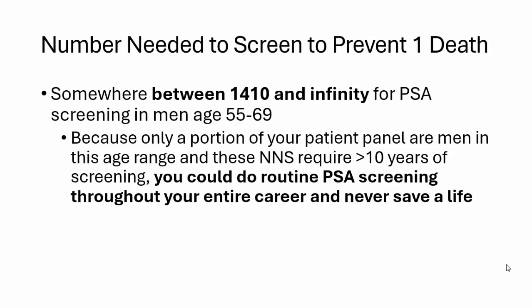Meaning this is on the scale of a number needed to screen where you could routinely screen all your patients with PSA and potentially not prevent a prostate cancer death over your entire career.